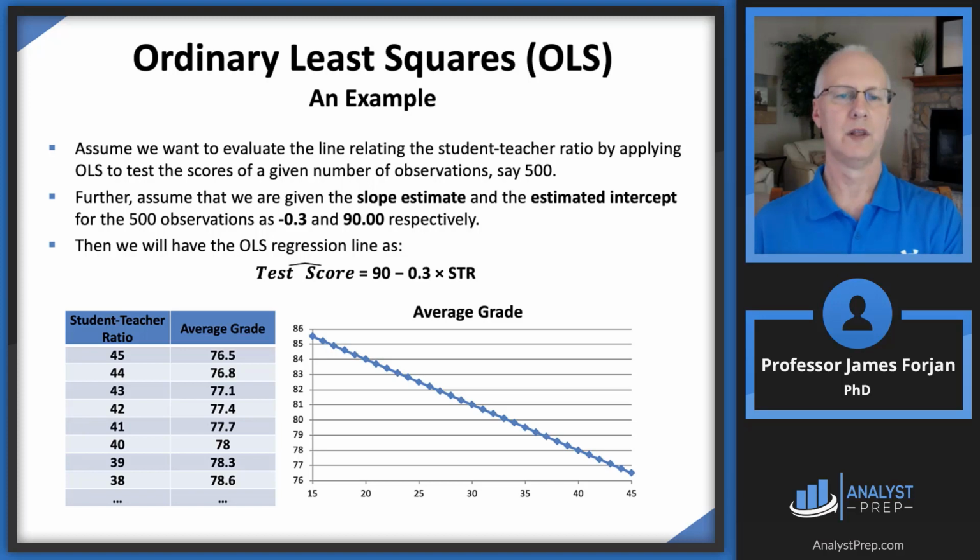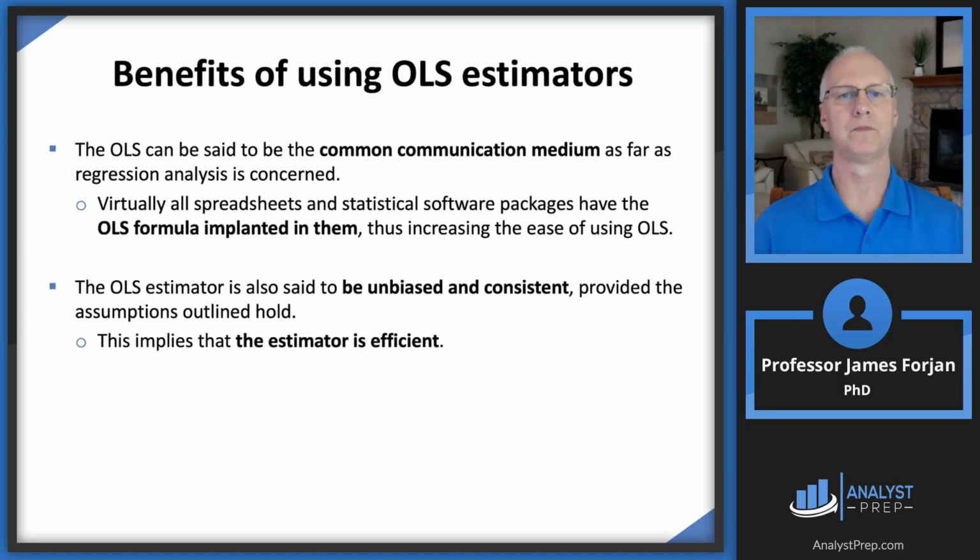So there's the OLS regression line: test score is equal to 90 minus 0.3 times the student-teacher ratio. And of course, we're not surprised that there's a minus sign in front of that 0.3 because it's a downward slope, and there's the picture there on the bottom right.